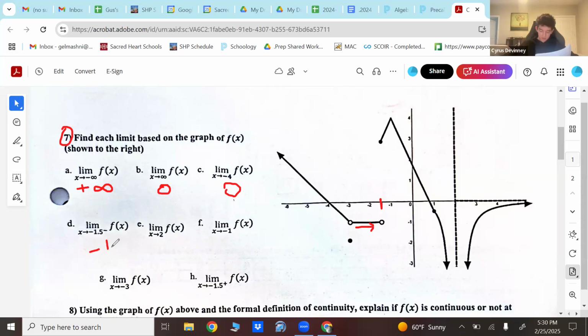And then number 2. Yes, I see. There's nothing there at 2, so it's going down forever. So it's negative infinity on both sides, going towards infinity or DNE.